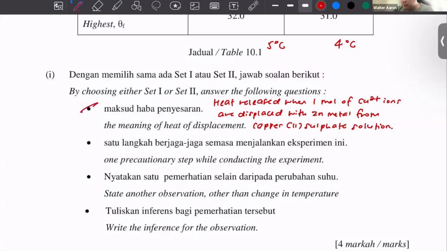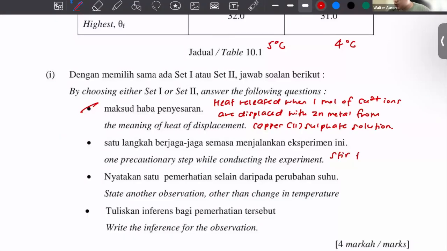So this is done. One precautionary step, we can say that we can cover the polystyrene cup with a cover or a lid. Or you can also say stir the mixture using the thermometer. I think stirring the mixture will be better because we want to make sure everything reacts evenly.